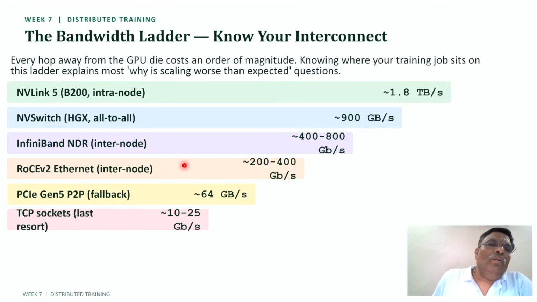This means that NVLink is a proprietary communication link which is very highly optimized for the bandwidth it gives when you are working intranode. You should use NVSwitch for the best all-to-all communication, and then InfiniBand NDR for internode communications, right?